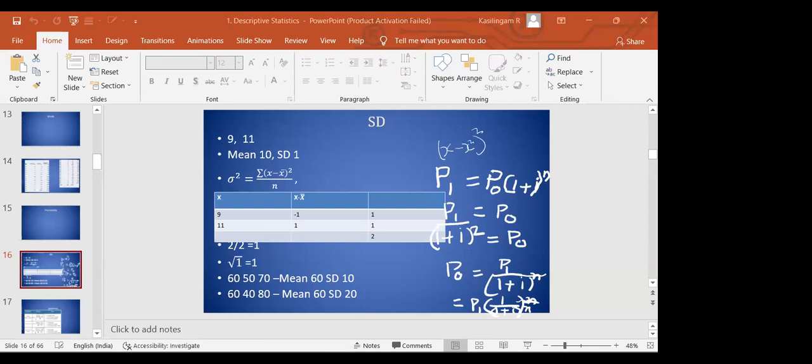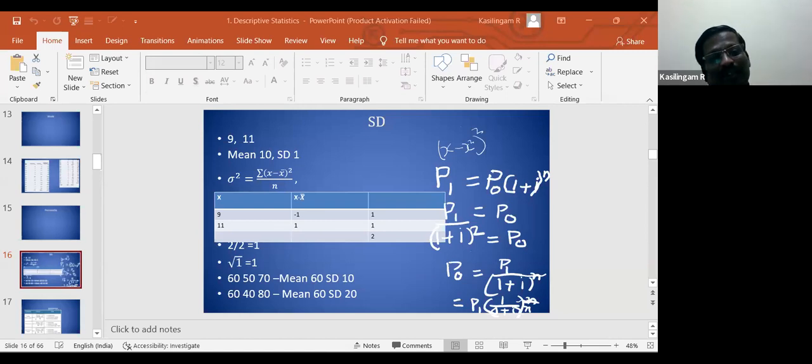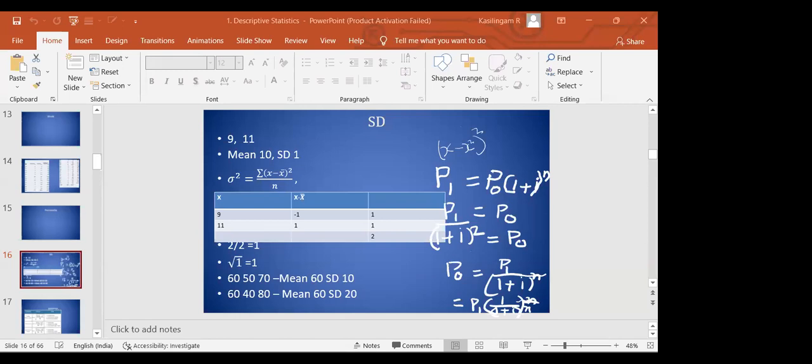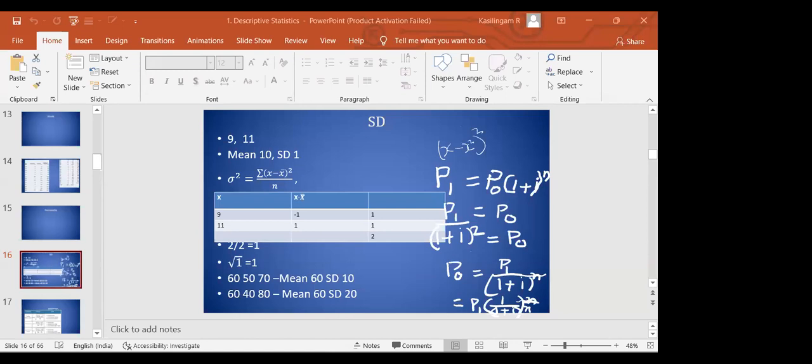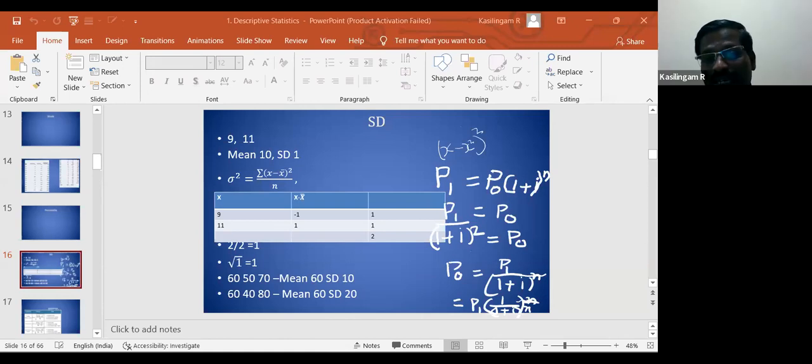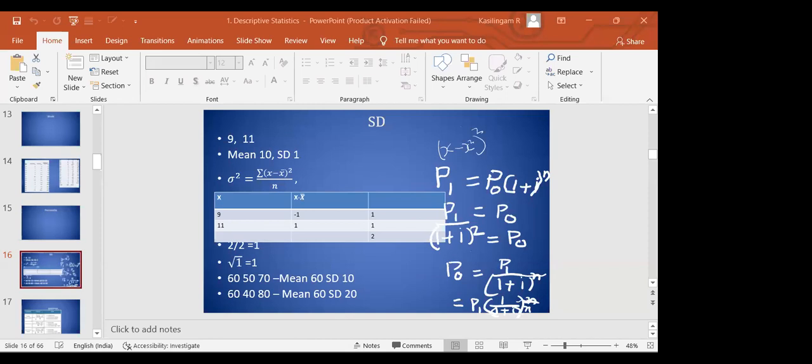There is another possibility. One variable may be nominal, another may be ordinal. One may be nominal, another interval. One nominal, another ratio. Then ordinal with ordinal, ordinal with interval, ordinal with ratio, interval with interval, interval with ratio.